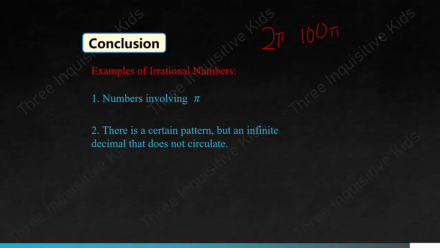So we just had the example 0.1010010001 on into infinity. It looked like there was a pattern because the number of zeros increased by 1 between each digit 1, but this is an infinite decimal that does not circulate, so it doesn't repeat.